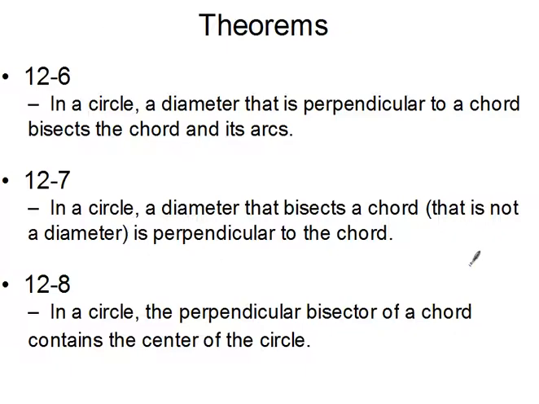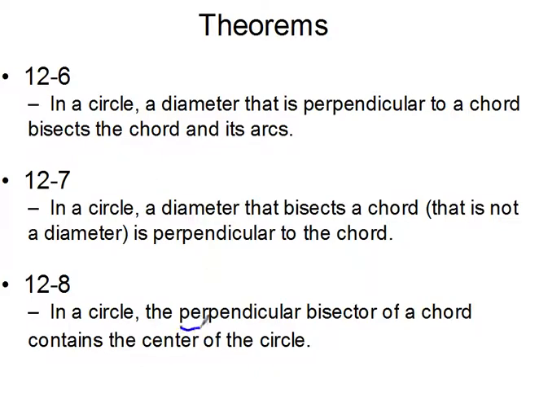Number 7, in a circle, a diameter that bisects a chord, and the other chord is not a diameter, then it's perpendicular to a chord. So if you have a diameter and a chord and they're perpendicular, there is a bisected chord that is happening. And then number 8, in a circle, the perpendicular bisector of a chord contains the center of the circle, so it has a diameter.